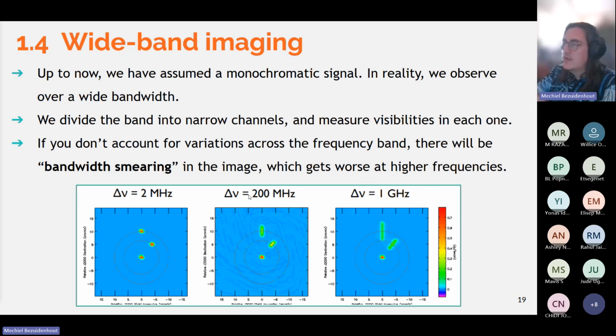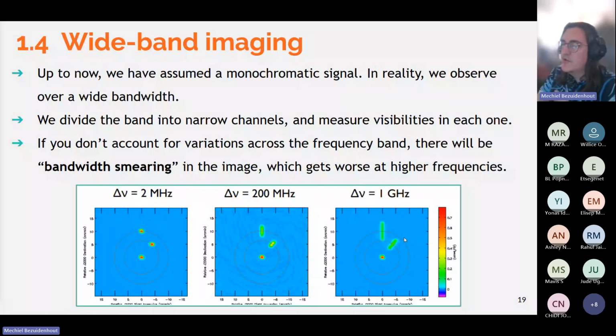But if you use broader channels, then the point sources start to get smeared out and you get all sorts of weird artifacts around the edges. And this smearing gets worse the further away you get from the center of the image. And if you use very wide channels, in this case 1 gigahertz channel, then you get a lot of smearing.